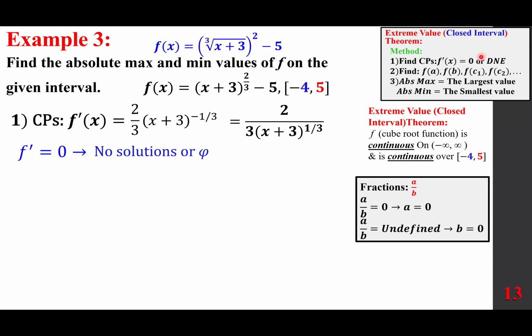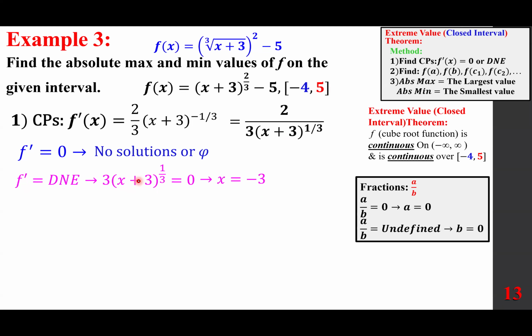Then you move on to the second part: f prime does not exist. F prime does not exist if the denominator is 0, because a fraction is undefined if the denominator is 0. So clearly this is easy. I hope you see that if I choose x equals -3, it becomes 0.